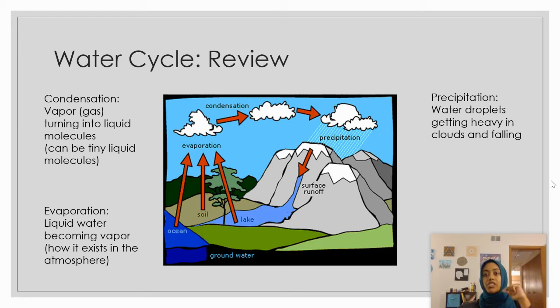The water cycle is something that you learned as a child, but just quickly to review it, let's start with water existing in liquid format in our oceans and our lakes, and maybe even evaporating from our trees and plants through transpiration.